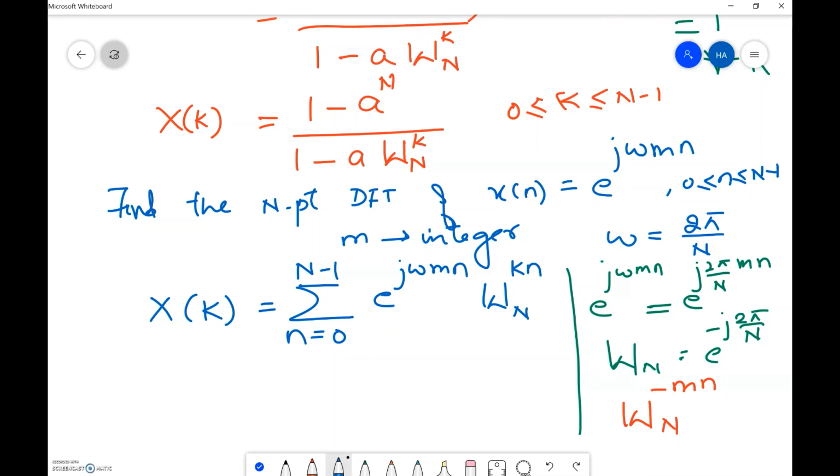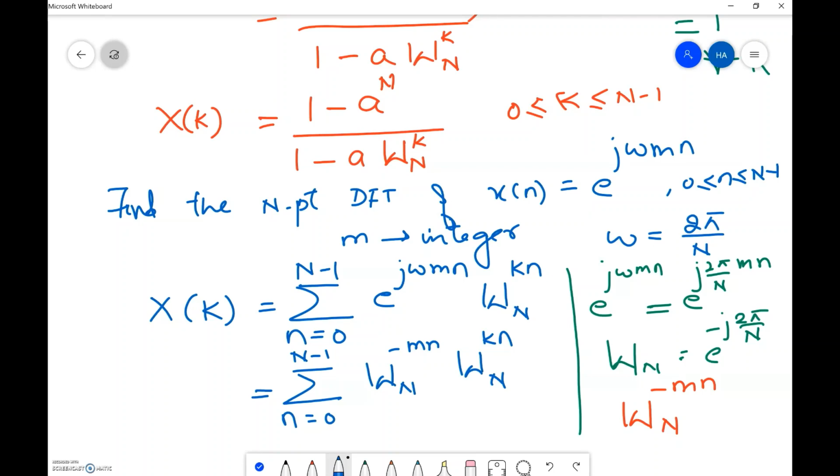Let us substitute that here in this summation: summation n equals 0 to N minus 1 W_N to the power minus mn times W_N to the power kn.